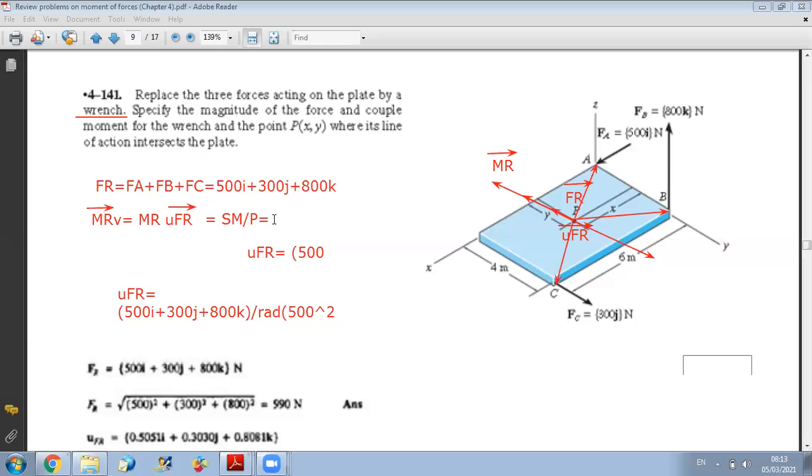So the summation of moments about P equals PA vectorial FA, sorry, PA I mean, because we start from the point about which we are doing the moment, plus PB vectorial FB plus PC vectorial FC. All we have to do now is to find the coordinates of points to be able to find vectors PA, PB, and PC.